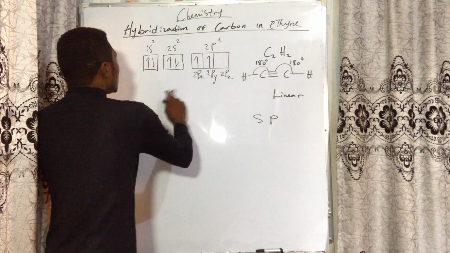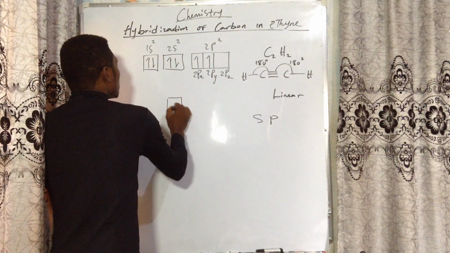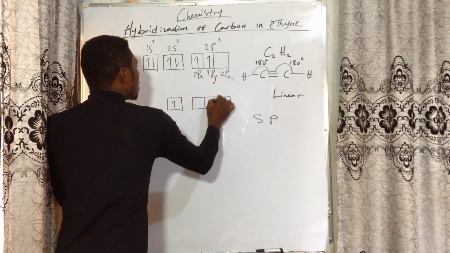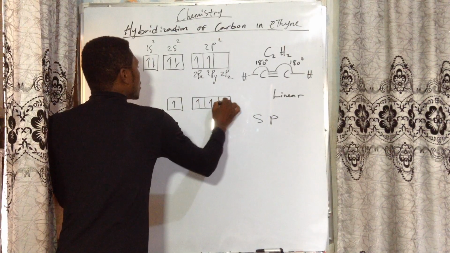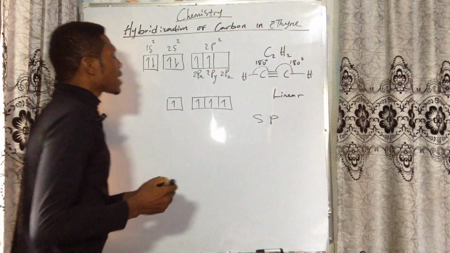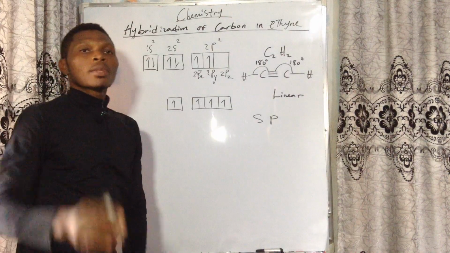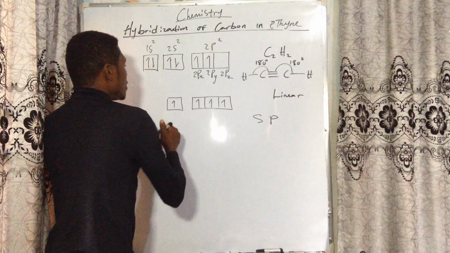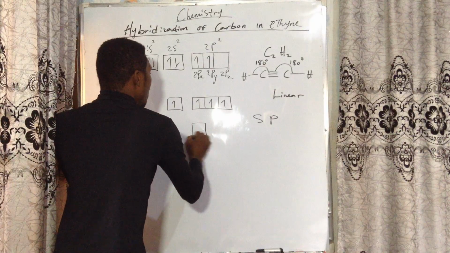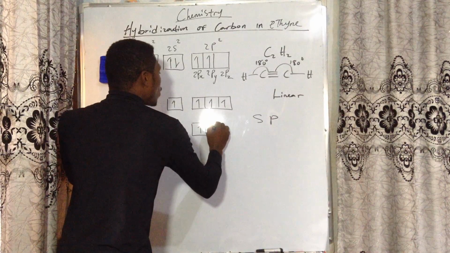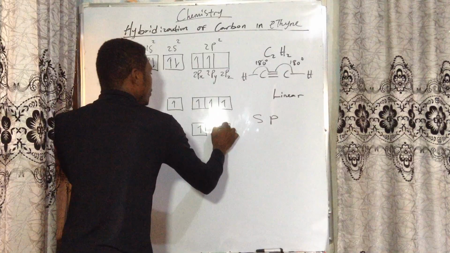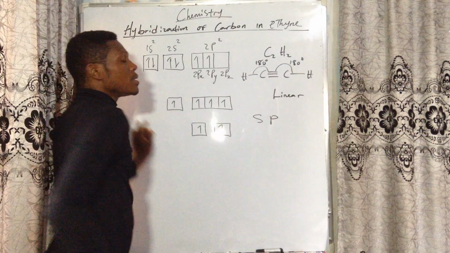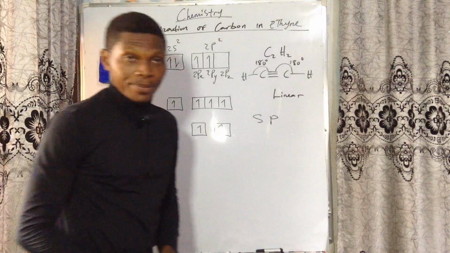When this happens, the orbitals take this form. After the promotion, the hybrid orbital will be only the s orbital and one of the p orbitals, forming this sp hybrid orbital.